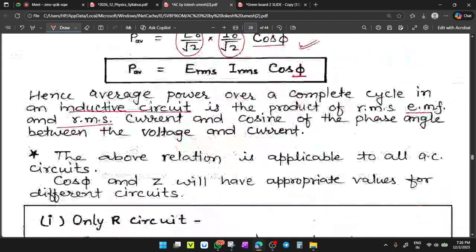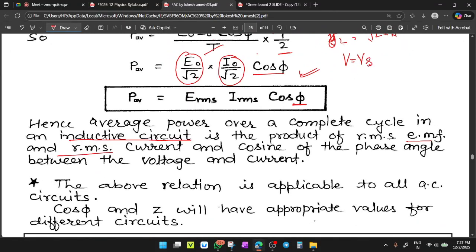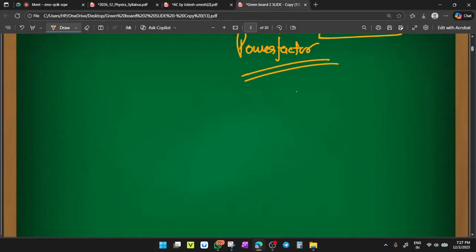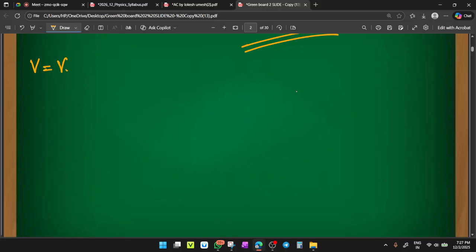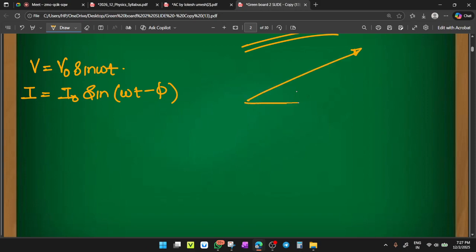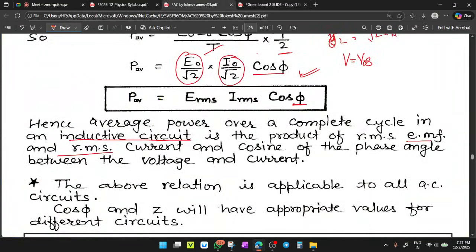Because we have taken V equals V naught sin omega t, and I equals I naught sin omega t minus phi. The voltage is leading the current by an angle phi. So this is an inductance dominated circuit, which is why it is called an inductive circuit.